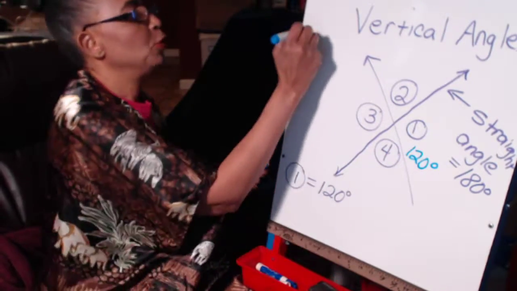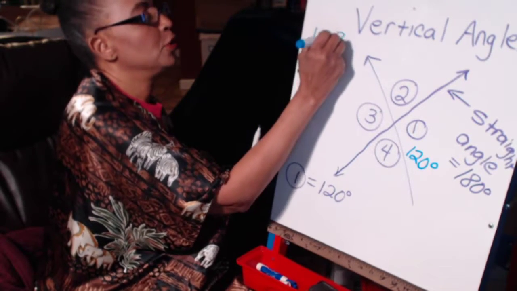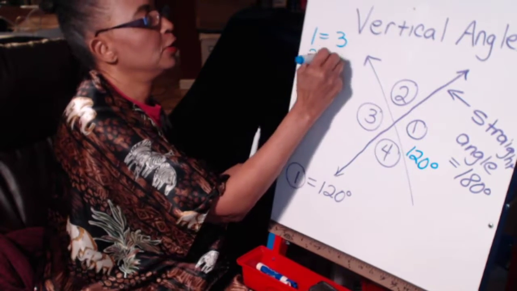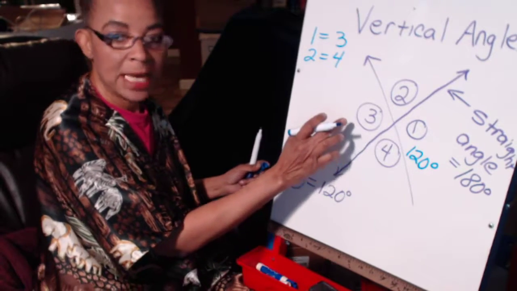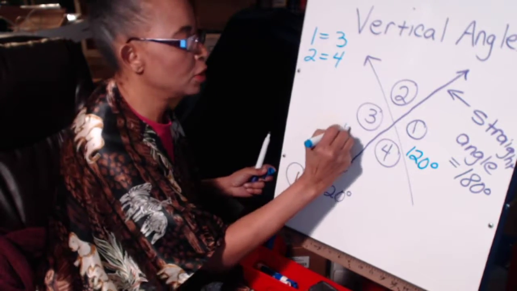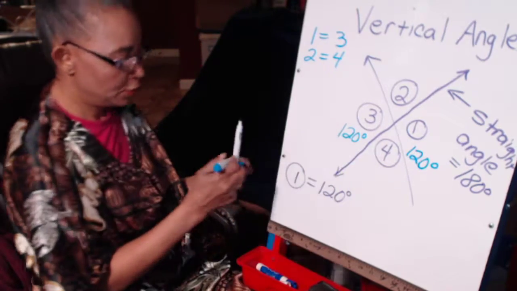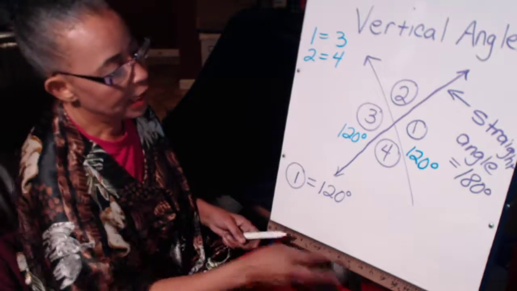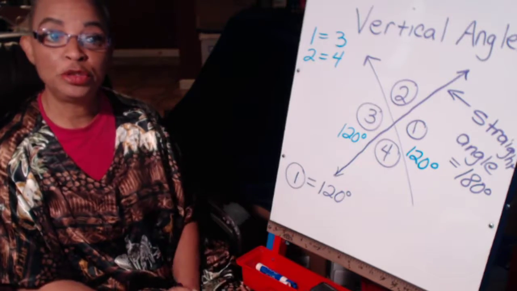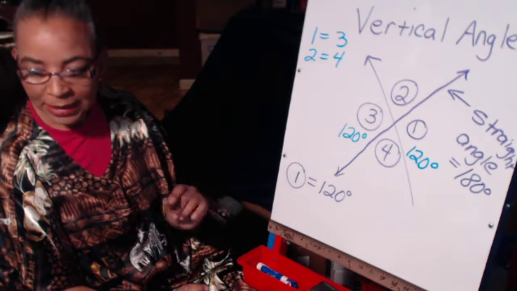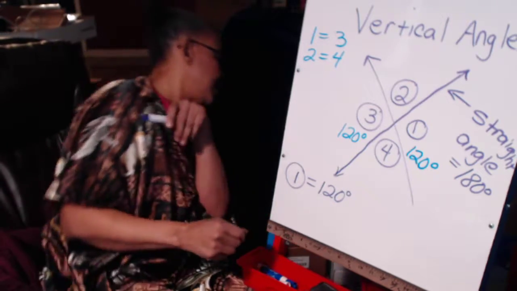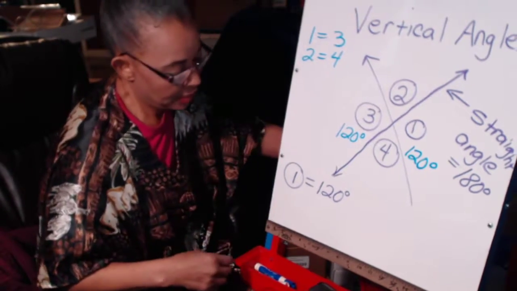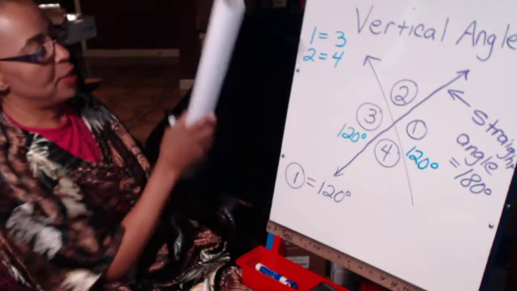And remember, we said 1 equals 3 and 2 equals 4. So if 1 is 120 degrees, that means 3 is also 120 degrees. Well, now, how are we going to find the other two, 2 and 4? Well, let's look at it this way. I'll use my paper here.